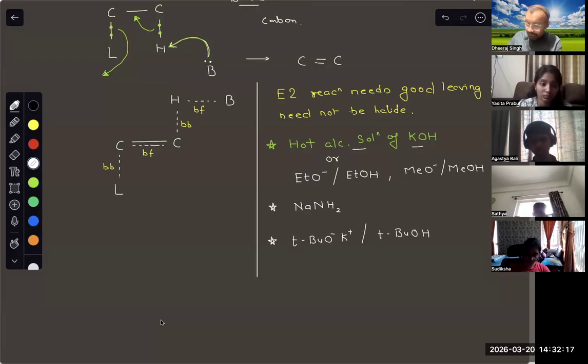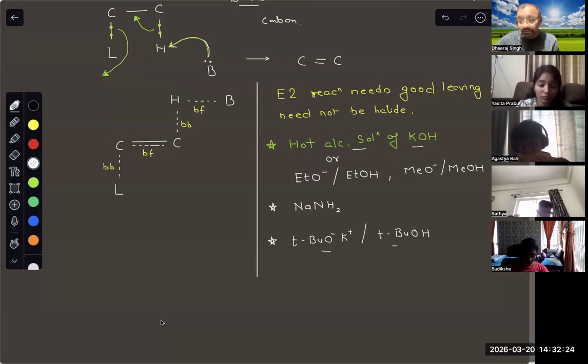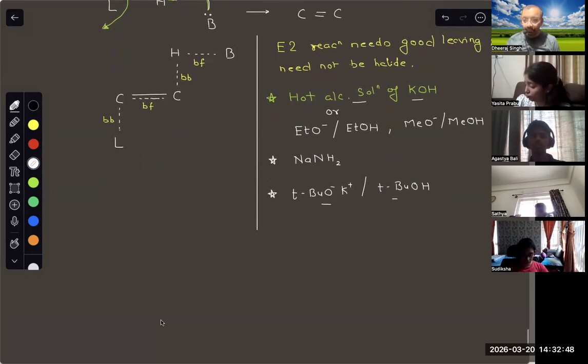Of course, these reagents are also important, but the most important thing is heat. If heat is not given, at room temperature substitution is preferred, elimination is not. In SN2, just a strong nucleophile is needed. In E2, strong nucleophile plus heat is needed. Both. I hope it is clear to all of you.